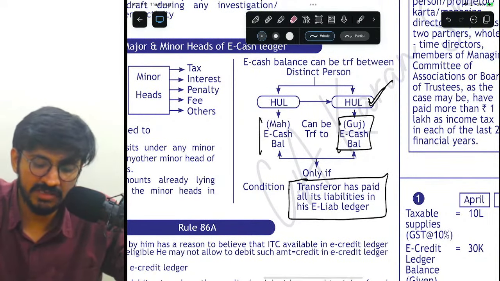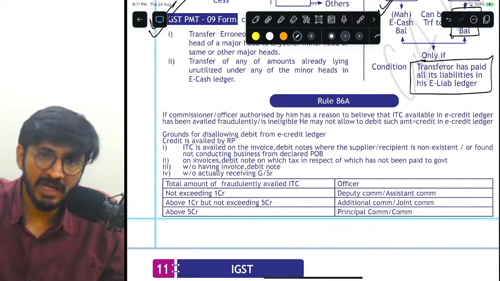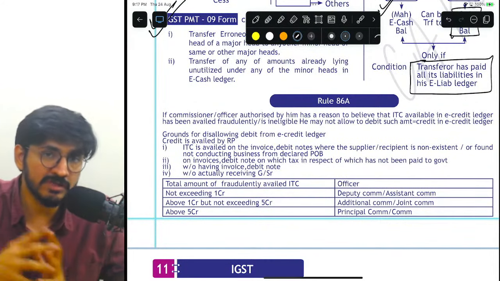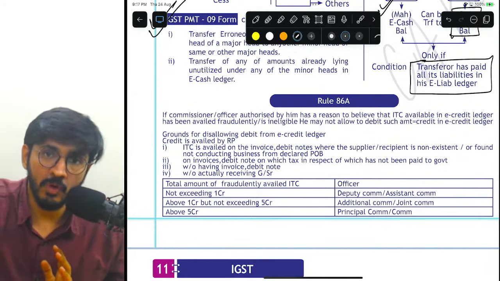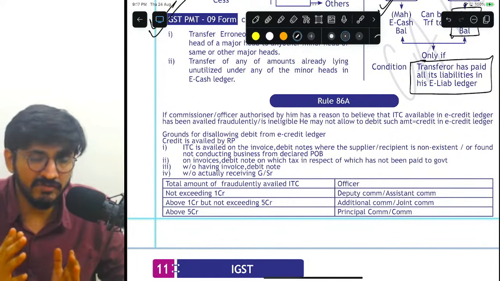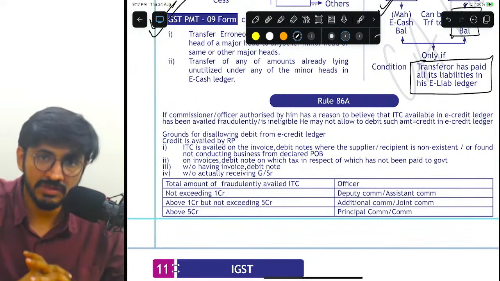Also, with respect to ITC, there is a very important discussion in Rule 86A, which says that the government will not allow you to debit any amount from the e-credit ledger if they have reason to believe that you have taken ITC from a supplier who is non-existent, or from a recipient who himself is non-existent or is not carrying on business from the place that they have declared. You've taken ITC on the basis of an invoice, but goods or services are not received. Or the goods and services are received, but you don't have the invoice.